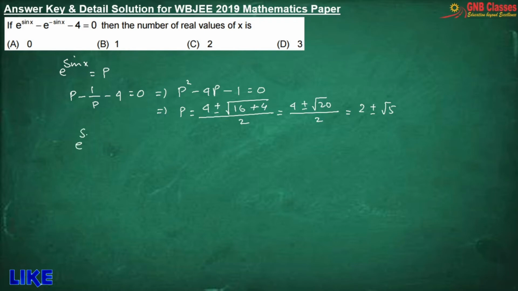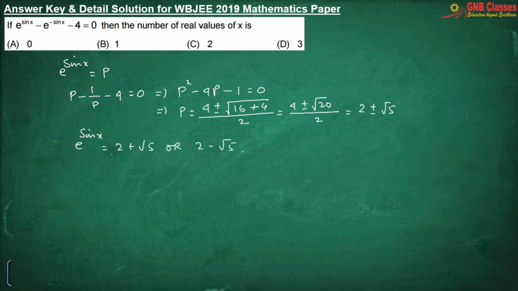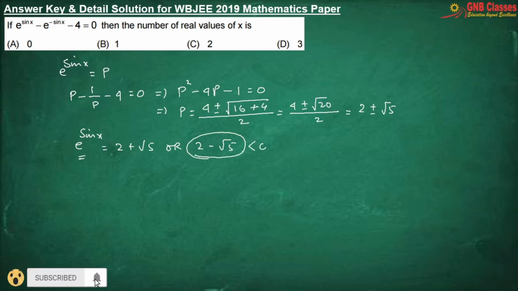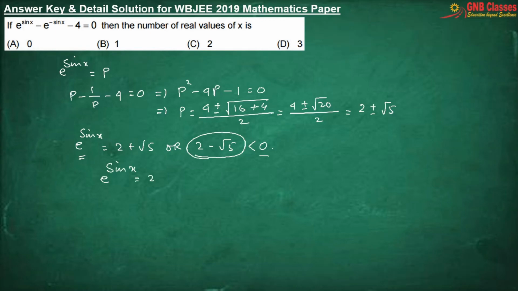Therefore, we got that e to the power sin x is either 2 plus root 5 or 2 minus root 5. Is it clear? Now, e to the power sin x cannot be equal to 2 minus root 5 because this value is less than 0, and e to the power sin x cannot be less than 0. Is it clear? So, the only possibility is e to the power sin x is 2 plus under root 5.